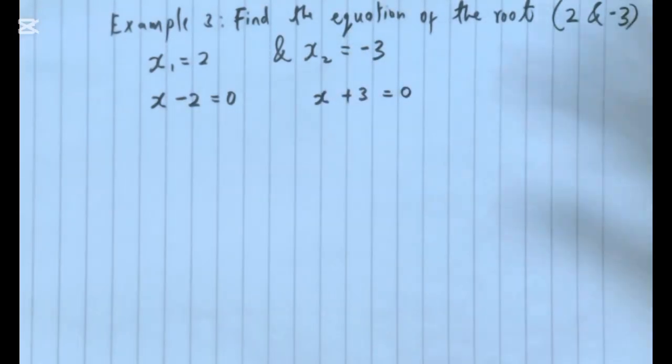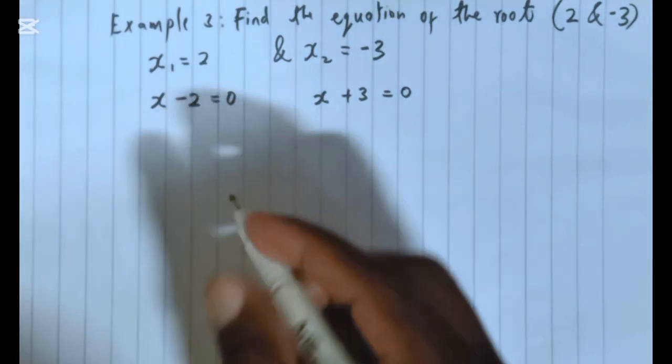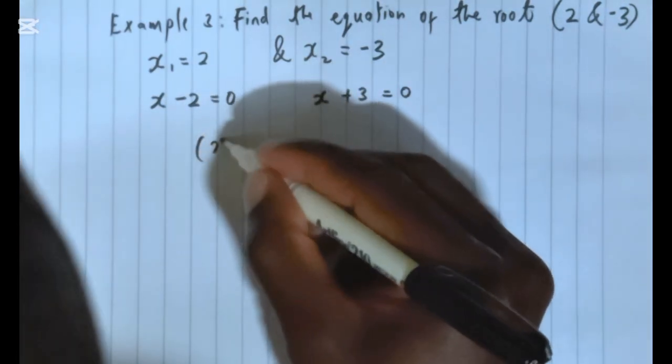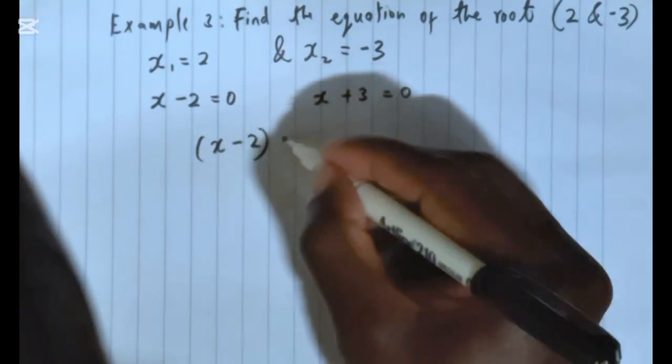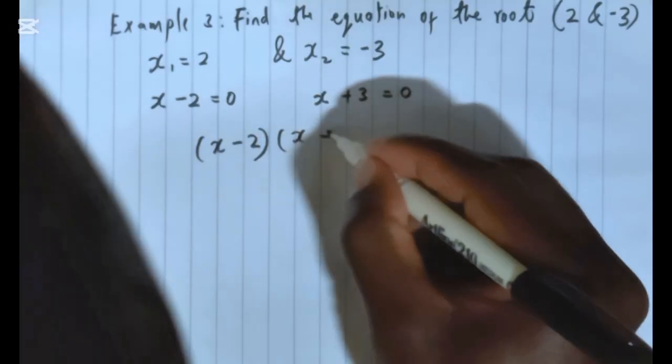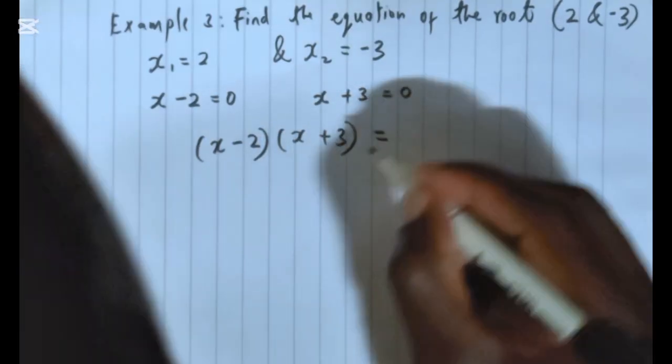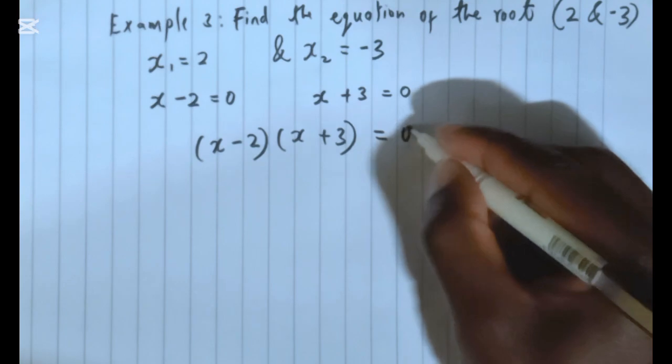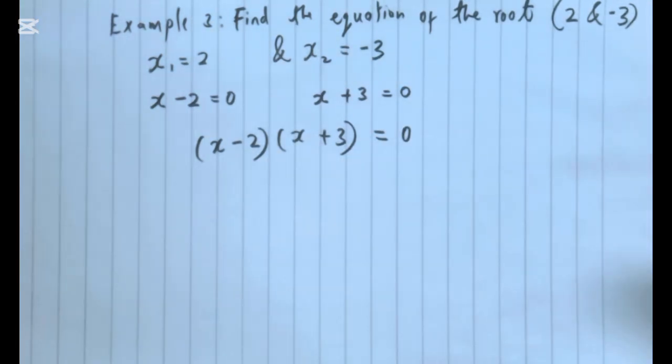So based on what we know about factorization, whenever we have these two terms, x - 2 into x + 3, and we multiply them together, we always know that they should be equal to 0. We never know, however, which one will be 0, so we just find the possible values, and that is what we usually work with.